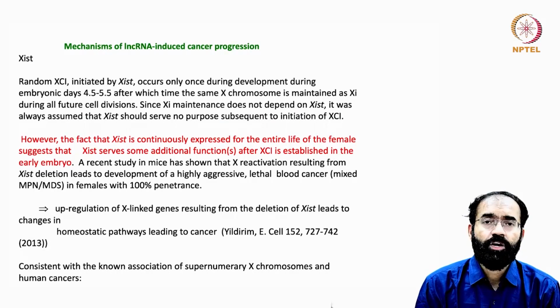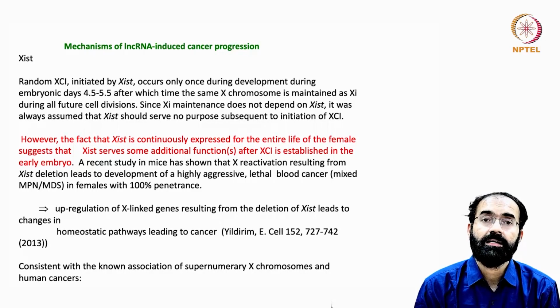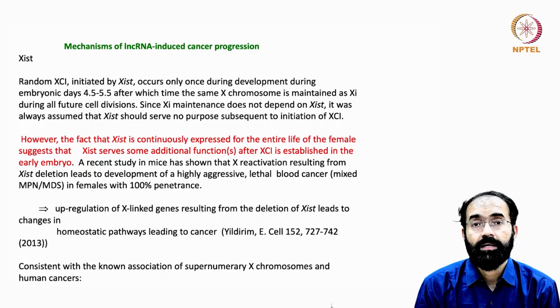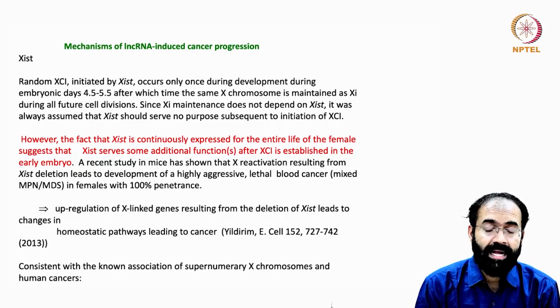Another non-coding RNA is Xist, which we have studied properly. That is helpful in X chromosome inactivation, and it is initiated by the X inactive specific transcript, and it occurs only once during embryonic development, at around 4.5 to 5.5 days.